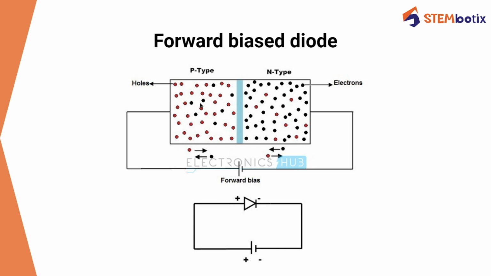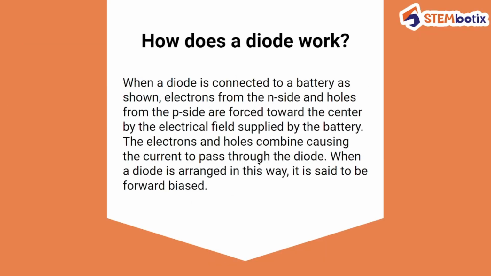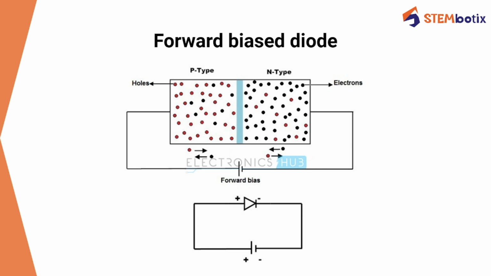The free holes in this region are attracted to the center, and the majority charge carriers, the electrons, are attracted from here, and in the center they form a junction, due to which current can pass through. This is how current flows in forward bias condition, and this is called forward biasing of a diode. In forward bias, there is current flow and low voltage drop.